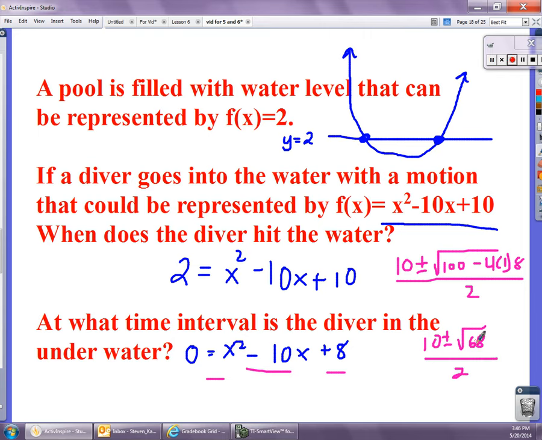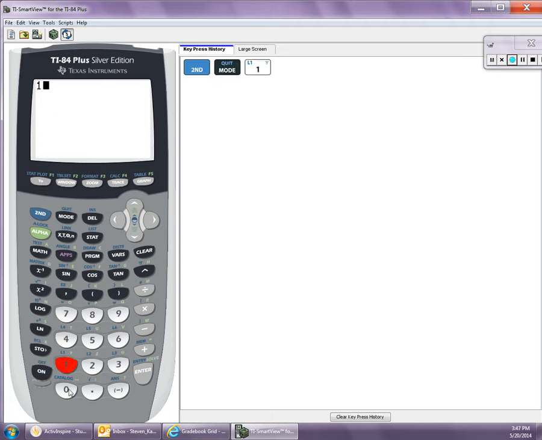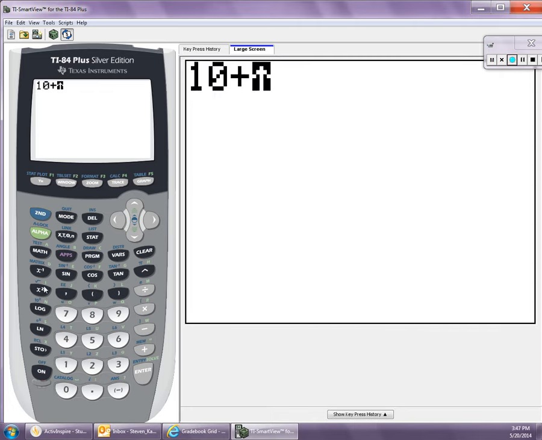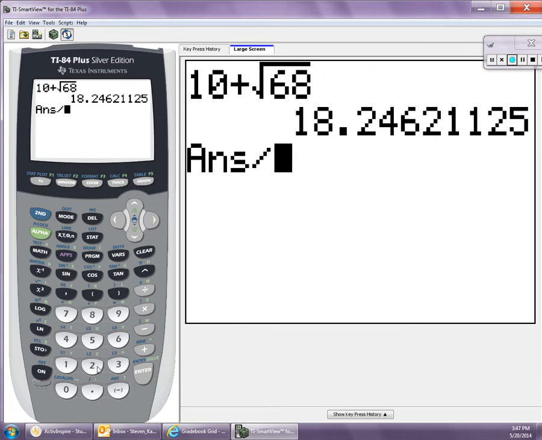When I do 10 plus the square root of 68 divided by 2, I get one answer. 10 minus the square root of 68, I get another answer. If you do that on your calculator, so here is 10 plus root 68, enter, divided by 2.